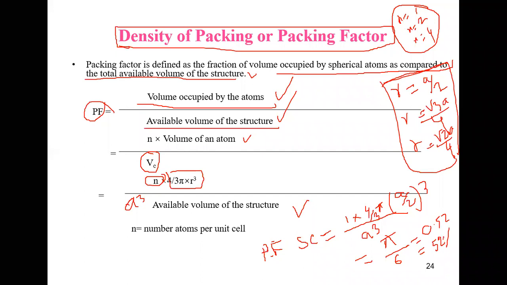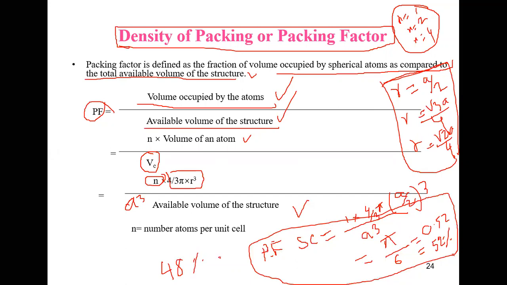Now, what is the physical significance of this? We just calculated the packing factor for a simple cubic crystal, and we have seen that it is 52%. That means in a simple cubic unit cell, whatever volume you have in the unit cell, only 52% is filled by atoms, and the remaining 48% is empty.